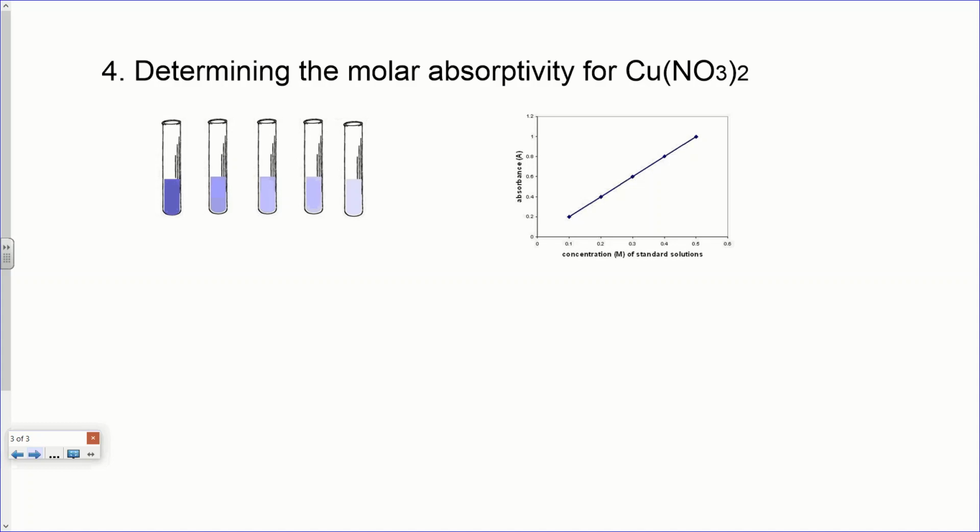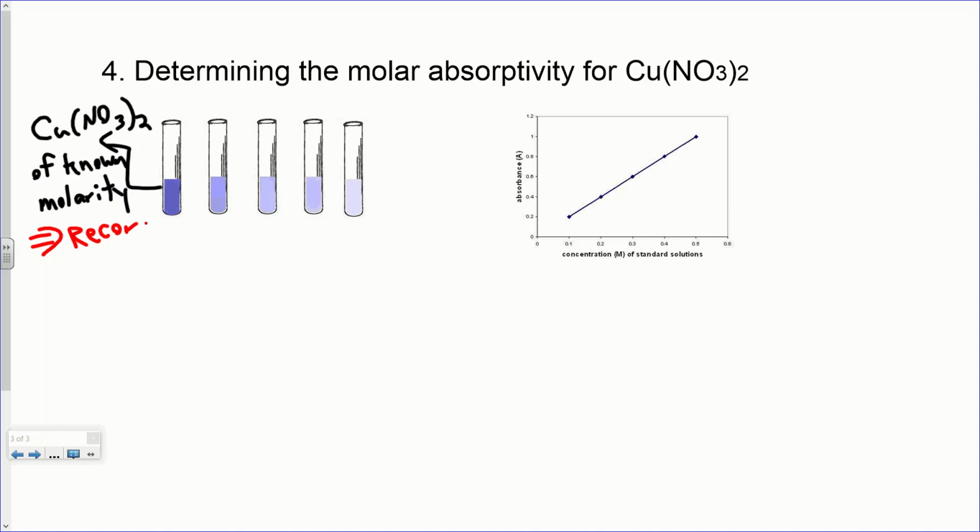But basically, you're going to take a solution of copper nitrate of known concentration, known molarity. So you're going to have to record the molarity. It'll be on the label.